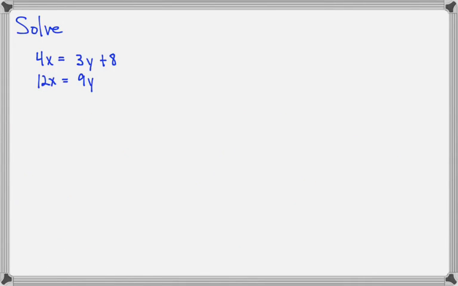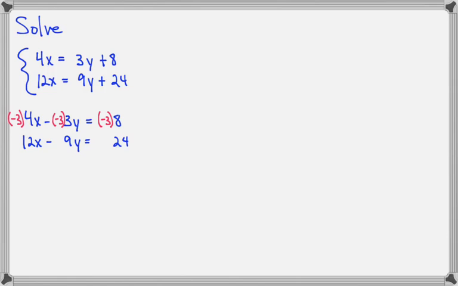Now let's look at 4x equals 3y plus 8 and 12x equals 9y plus 24. If we put these in standard form, where we have x and y both on the left side and the constant on the right, then we can see that we probably want to use the addition method here, and I believe I will try to eliminate the x terms by multiplying this top equation by negative 3.